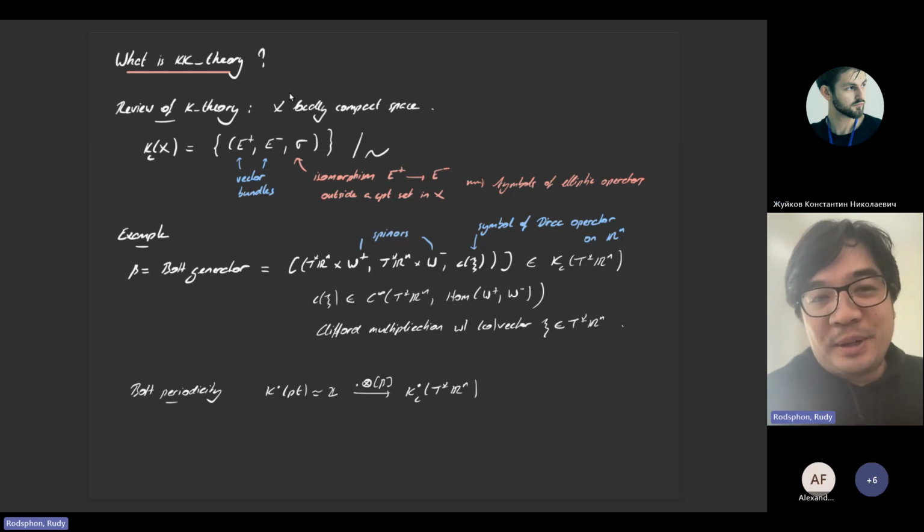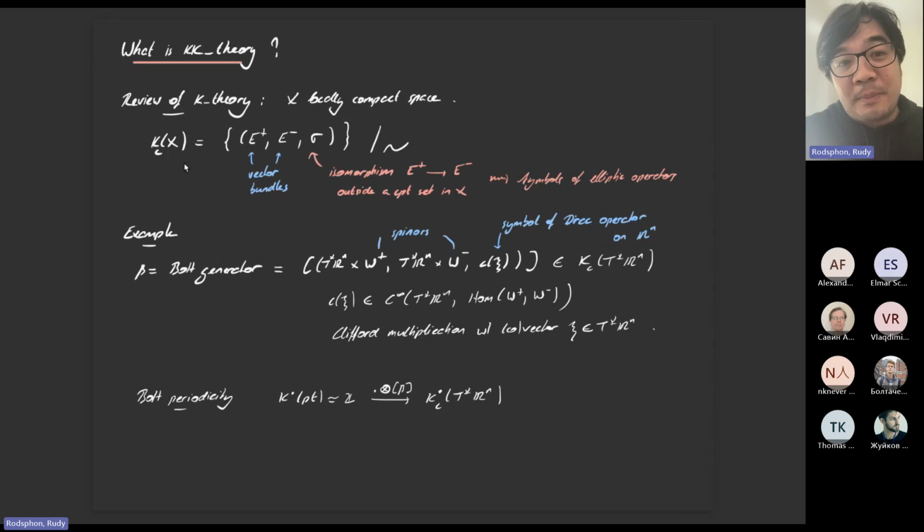The reason vector bundles are good candidates to get topological invariants is that there is a little theorem saying that if you have two vector bundles that are homotopic, then they're actually isomorphic. So there is some kind of stability when you consider these objects.